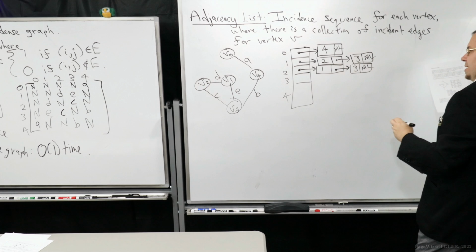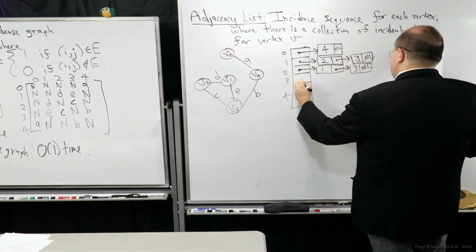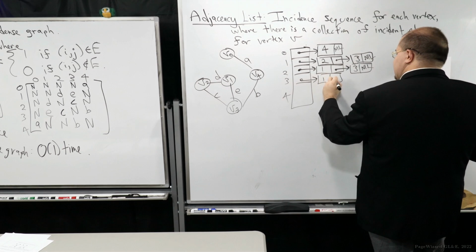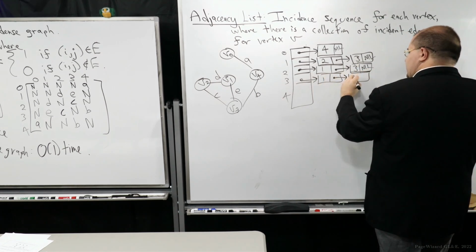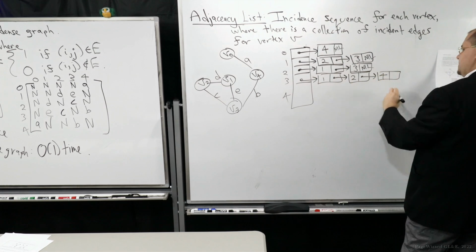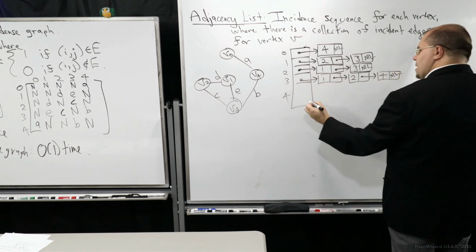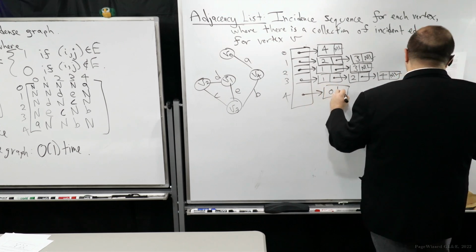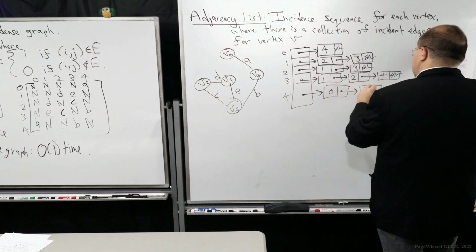And naturally, you could keep doing this. For vertex 3, I have vertex 1, vertex 2, and vertex 4. And vertex 4 has 0 and 3.